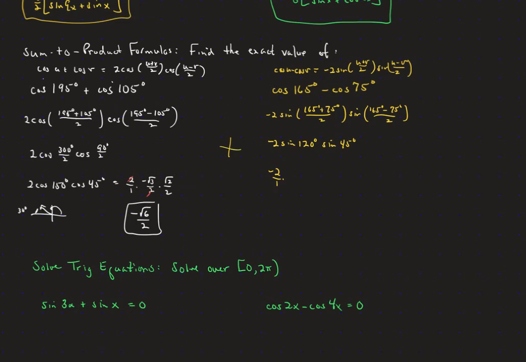Sine of 120, the reference angle is going to be 60. And the sine of 60 is square root of 3 over 2. And in quadrant 2, sine is positive. And we know sine of 45 is square root of 2 over 2. So these are looking pretty similar. This is going to be a negative square root of 6 over 2.